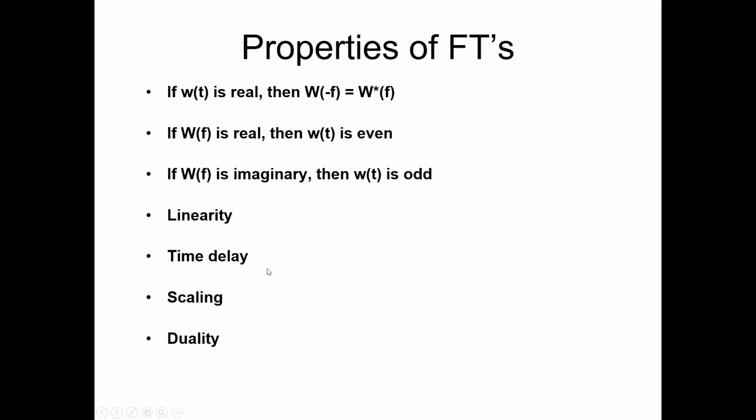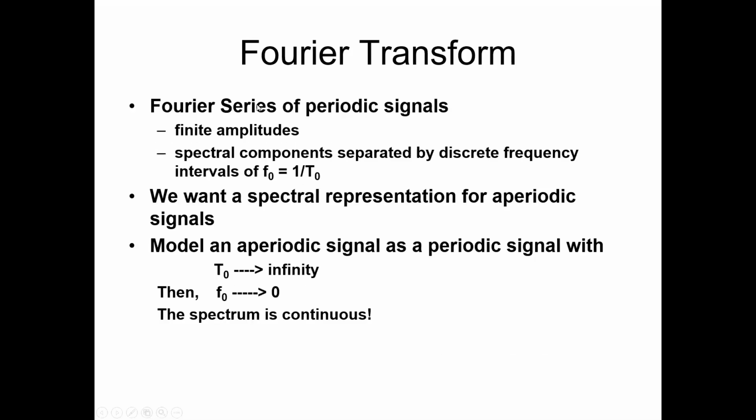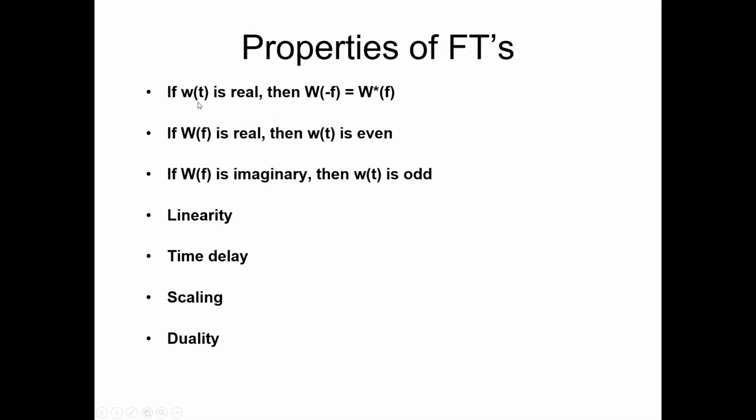So, Fourier transform properties. The Fourier transform is a transformation. If w of t is real, then W of minus f is equal to the conjugate of W of f. If W of f is real, then w of t is even. If W of f is imaginary, then w of t is odd.